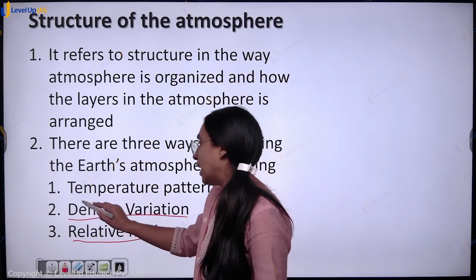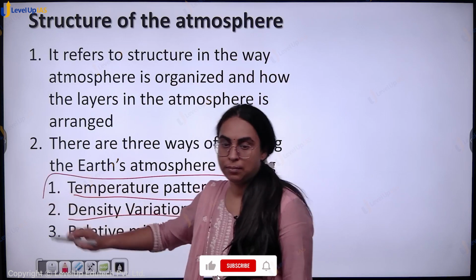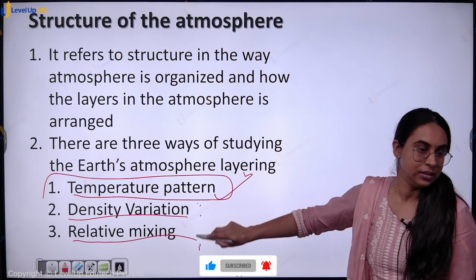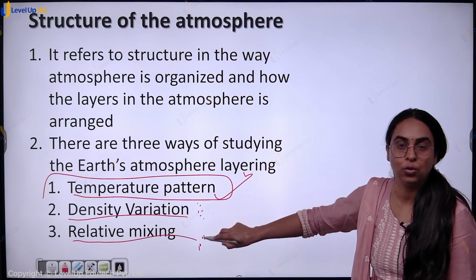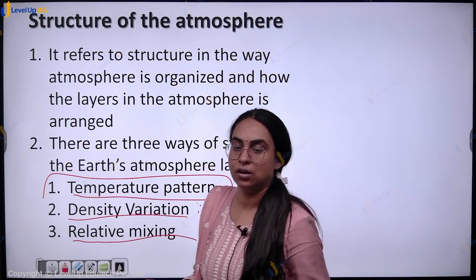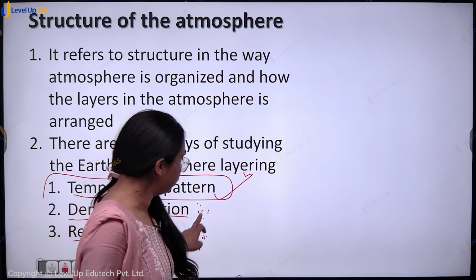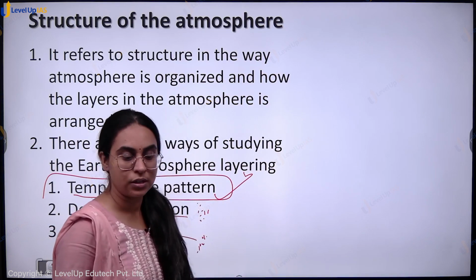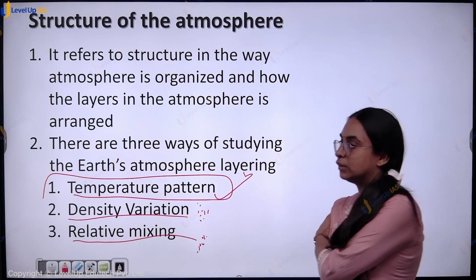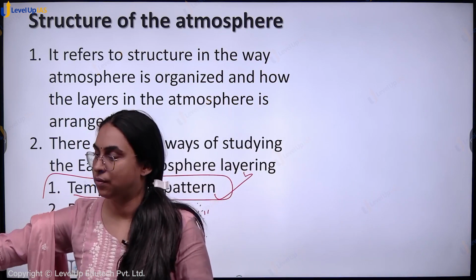And I can also have it on the basis of the temperature pattern. What you know is this. What we also need to know is these two. Why do we need to know these two? Because if you want to understand various phenomena of weather, you also need to know these two parameters. So give the heading, layering of the atmosphere.